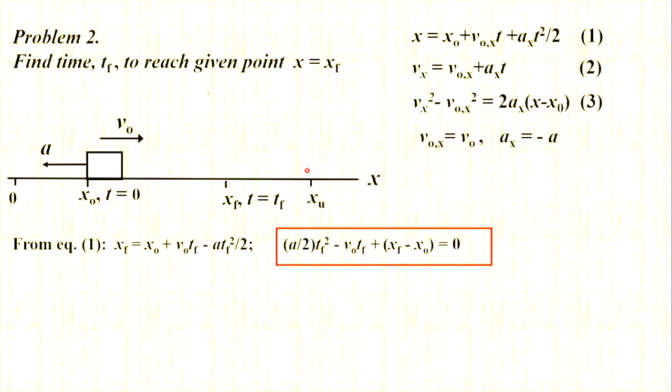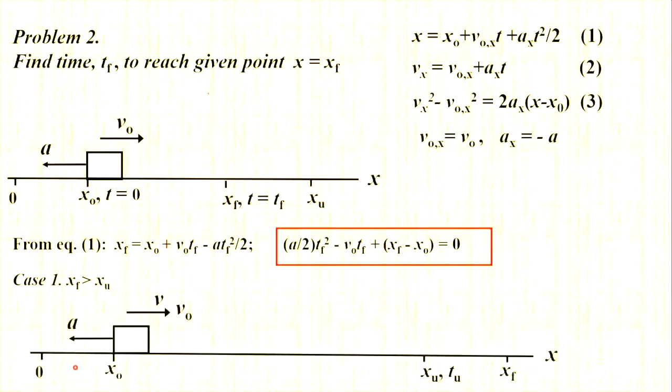To do this, we will recollect that there is another specific point, xu, and this is the coordinate of the U-turn point, which will play an important role in our analysis. Let's consider the first case when xf is to the right of the U-turn point. In this case, the object is here initially, and the motion looks like this.